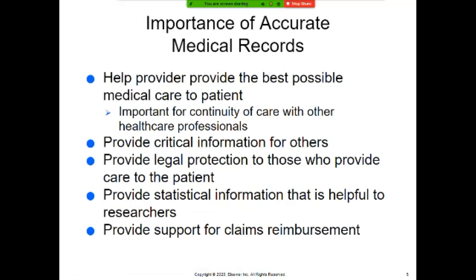So let's talk about the importance of accurate medical records. So the provider enters notes about the patient's examination and any test results into the medical record. These notes serve as pieces of a jigsaw puzzle to help the provider make an accurate diagnosis and treatment plan.